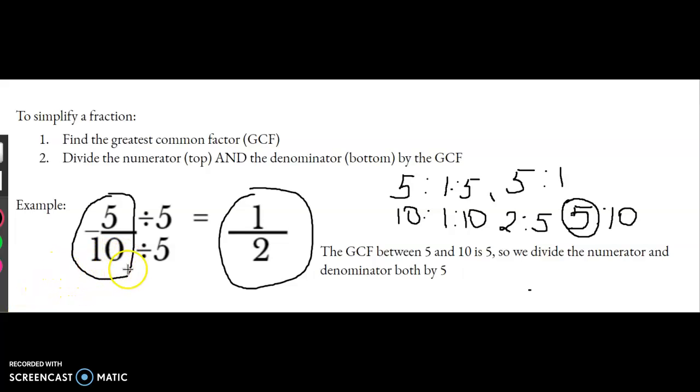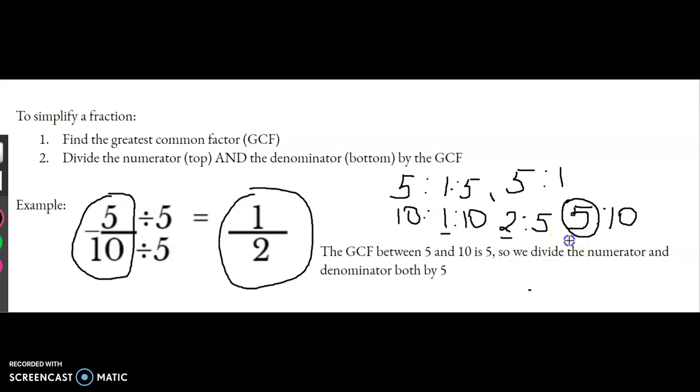Next, let's find the greatest common factor for 10, and divide 10 by each of these numbers. 10 divided by 1 is 10. 10 divided by 2 is 5. We cannot divide it by 3. We cannot divide 10 by 4.